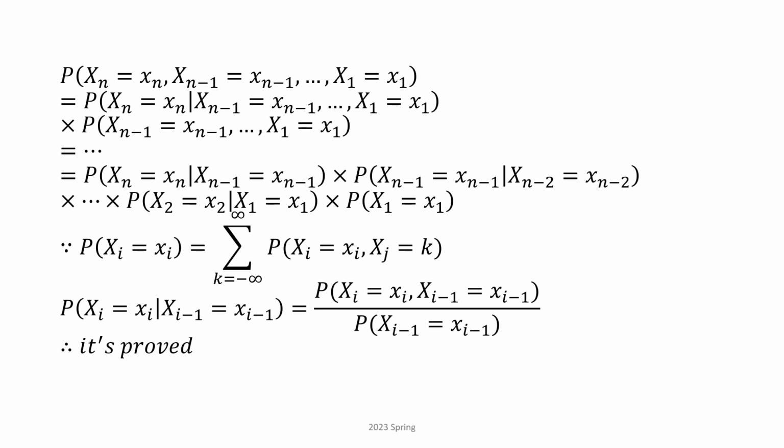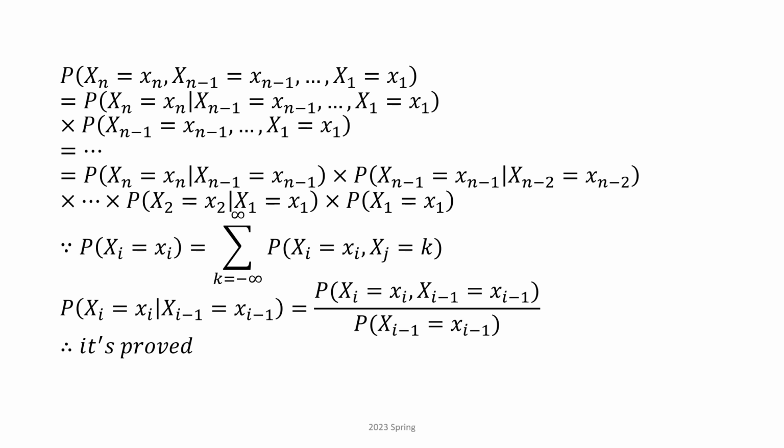So we know that the probability of Xn = xn, Xn-1 = xn-1, to X1 = x1 equals the probability of Xn = xn given that Xn-1 = xn-1, to X1 = x1, times the probability of Xn-1 = xn-1, Xn-2 = xn-2, to X1 = x1.